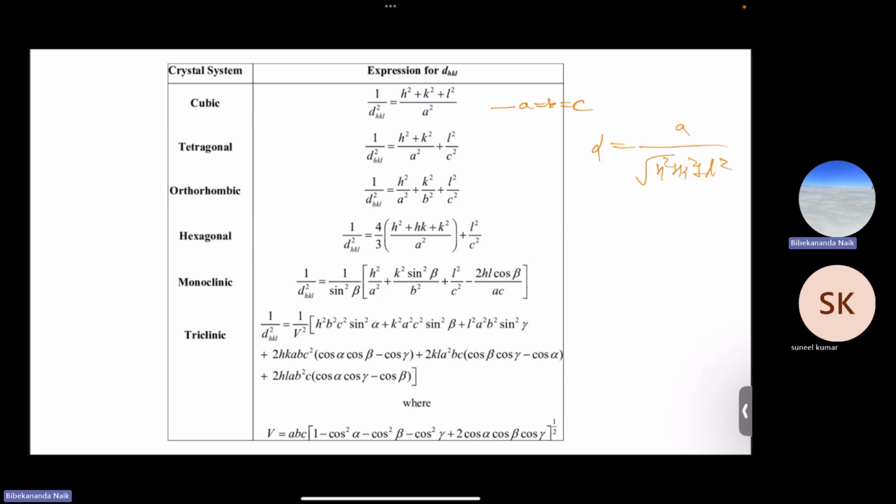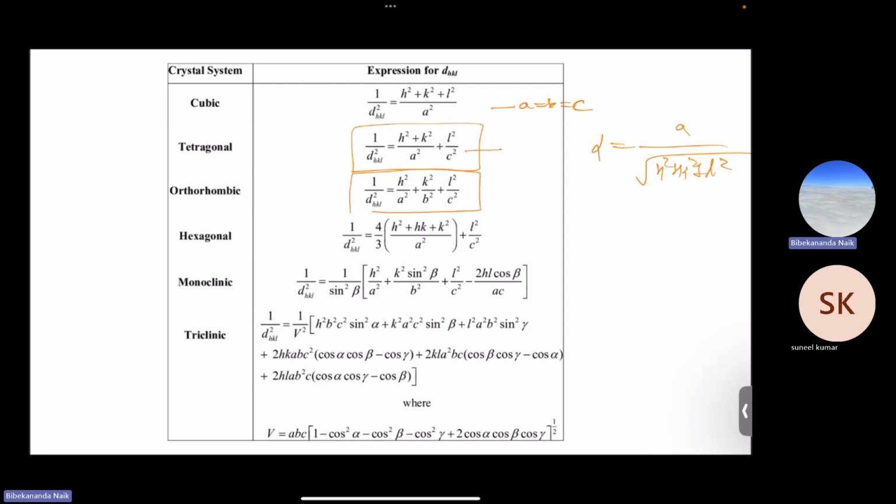Similarly for tetragonal, where a equals b but not equal to c, the relation will be like this. For orthorhombic, since a, b, c are all different, the relation will be h square by a square plus k square by b square plus l square by c square.